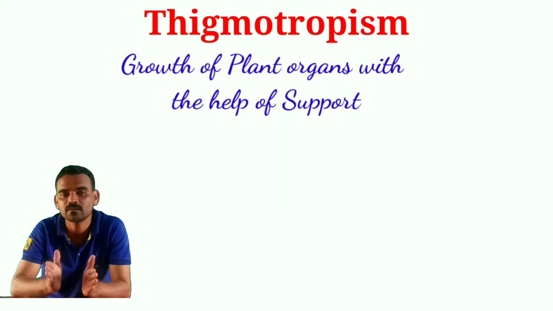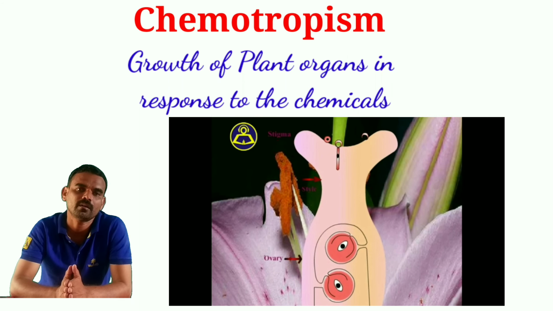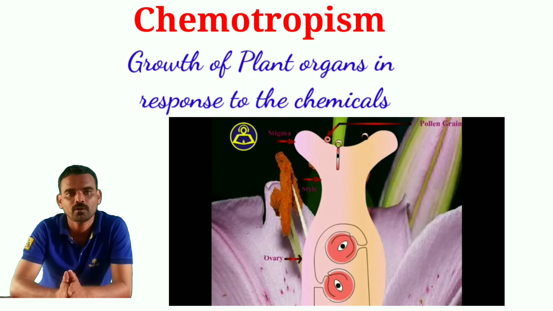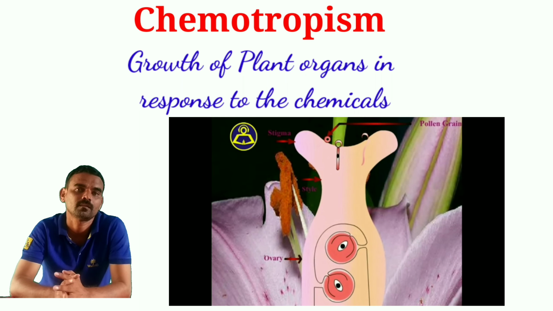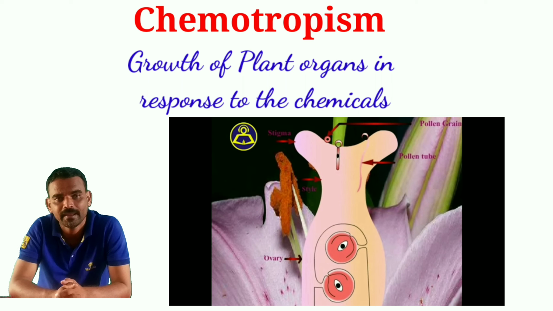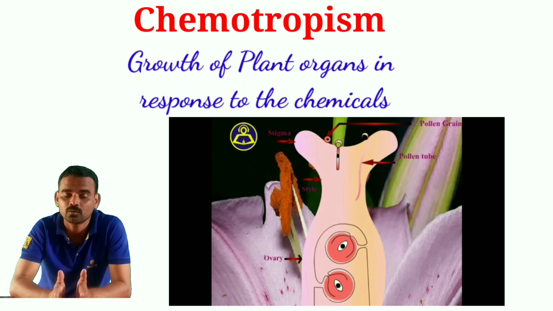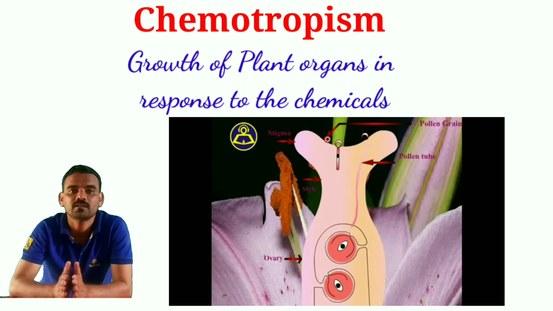Next, that is the chemotropic movement. In chemotropic movement, growth of the organ is affected due to chemicals. The best example for that is germination of pollen grain. We know that pollen grain is deposited on the stigma and it germinates and reaches up to the egg. That growth of the pollen tube towards the egg is controlled by chemicals. Therefore, it is known as chemotropic movement.